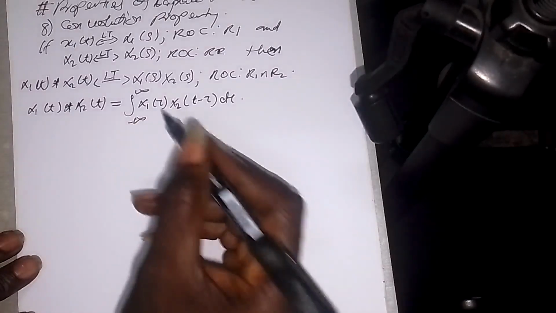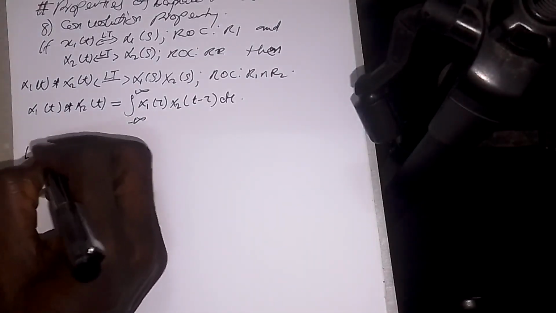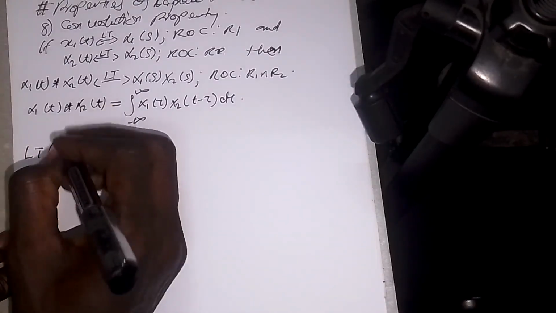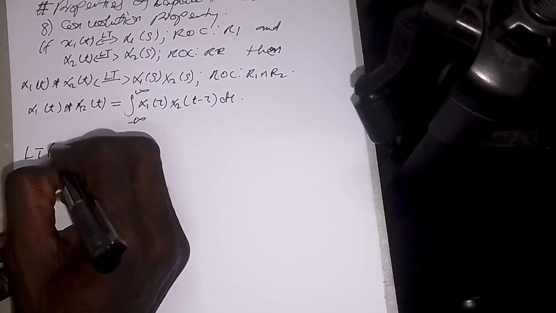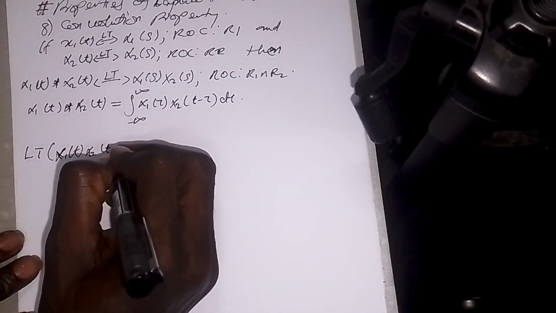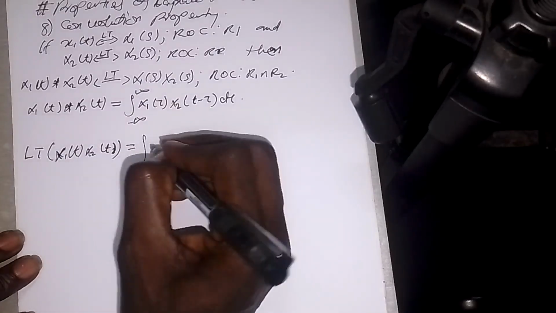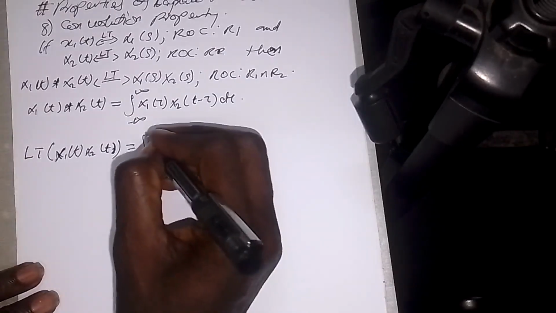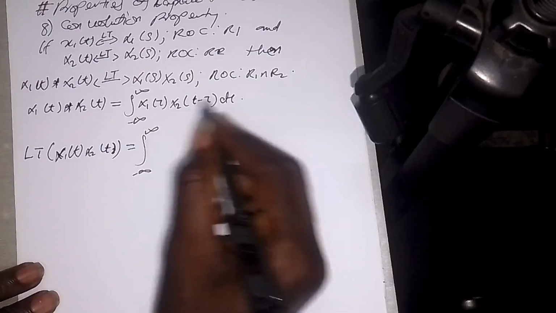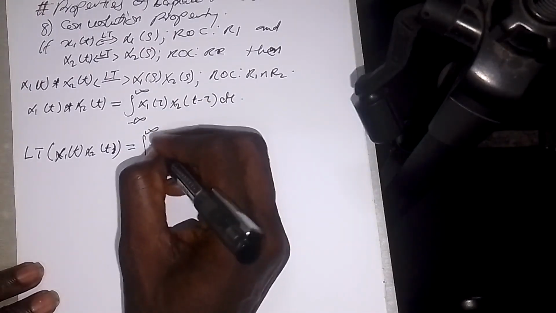From here, let me put this into the Laplace formula. I want to find the Laplace transform of x1(t) times x2(t), and it's going to be like this: the integral from minus infinity to infinity, and this is the general convolution formula. So I'll put that into this one.